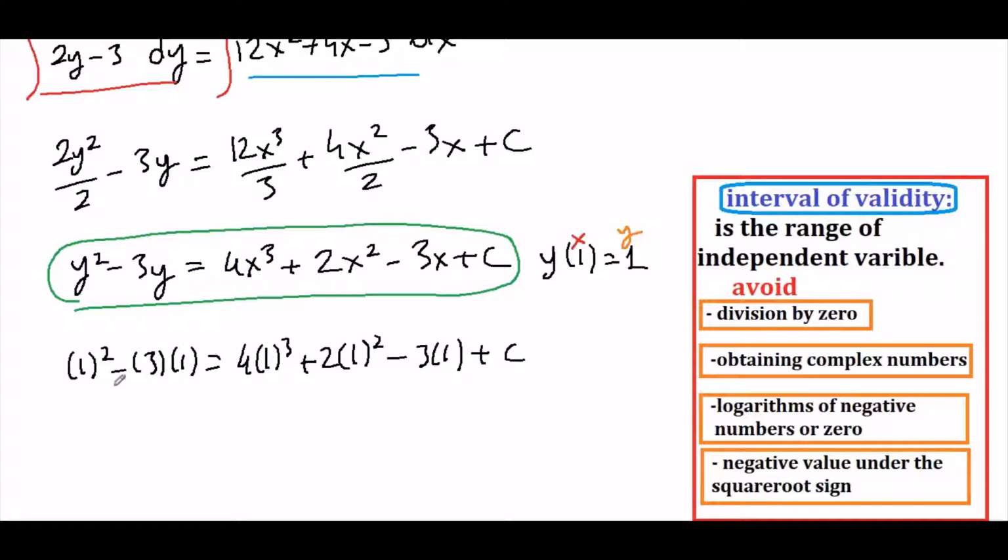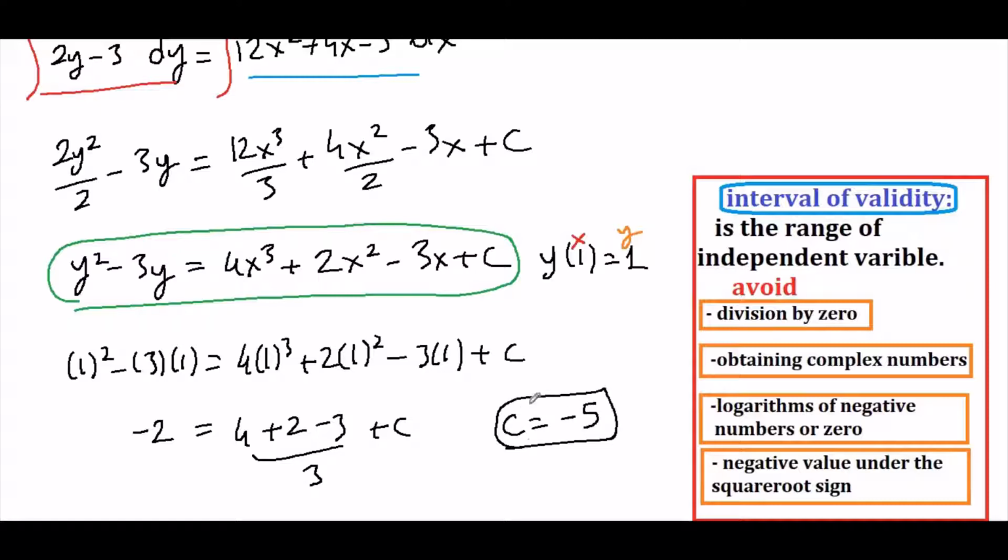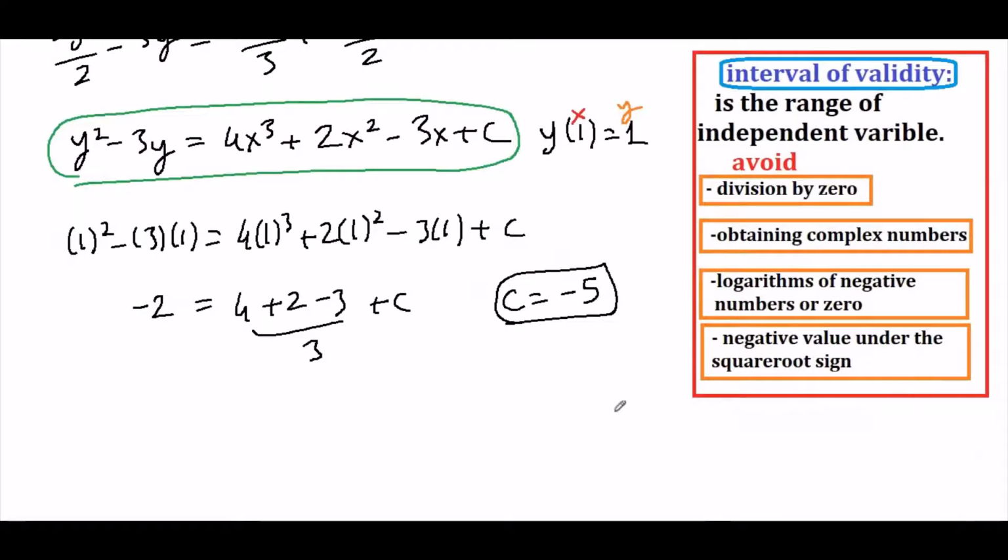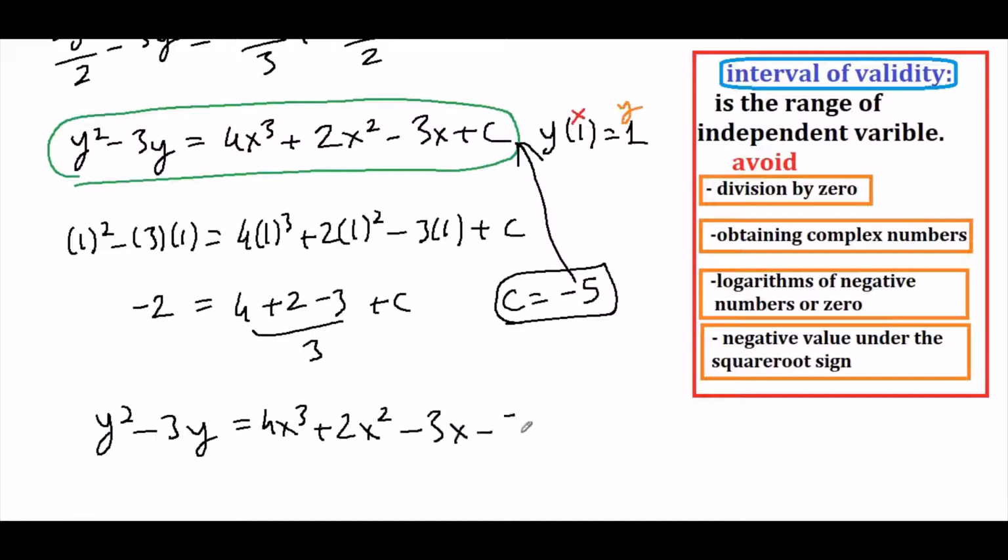This is going to be 1 minus 3, which is negative 2. 1 cubed is 1 times 4 is 4, plus 2 minus 3, plus c. So this is going to be positive 3, and if we subtract 3 on both sides, c will be equal to negative 5. Now we can plug in negative 5 for c. So y squared minus 3y equals 4x to the third plus 2x squared minus 3x minus 5.